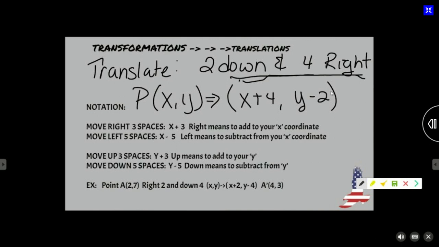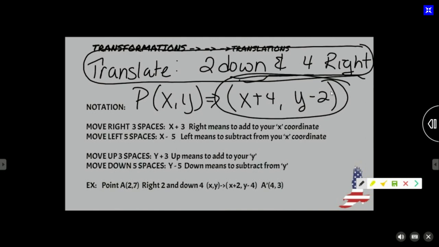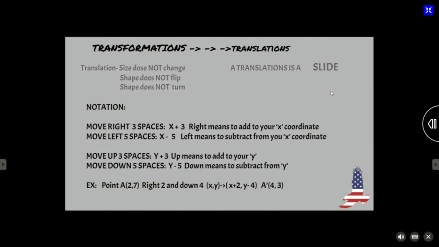I will give you this, and I'm going to be looking for you to write that rule. Okay? And it's something you're very familiar with because you've been working on that X and Y axis for so many months now, even some last year. All right, so the next, we talked about that.